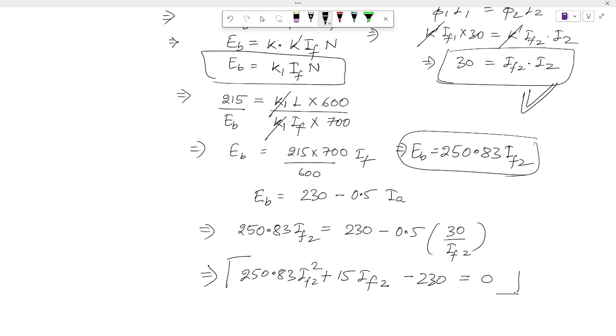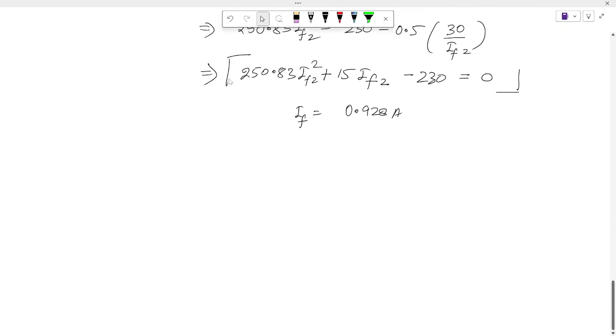You can directly use your calculator and go in equation mode, and from there you can feed the values. 0.928 amps. Let me verify. Right. IF is equals to 0.928.